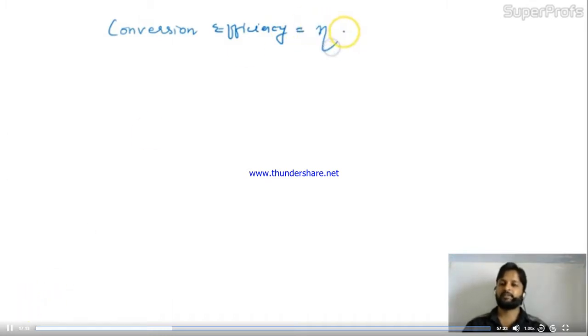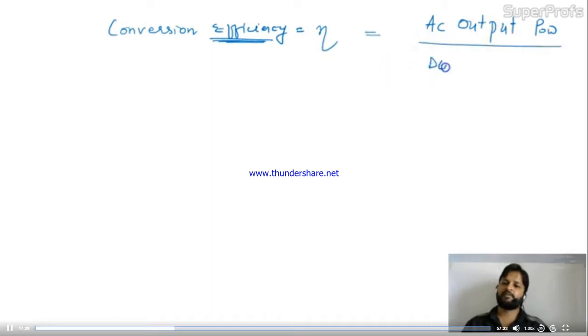Denoted by eta, right? And conversion efficiency is nothing but the AC output power divided by the DC power supplied.